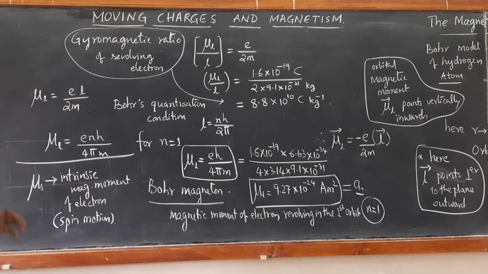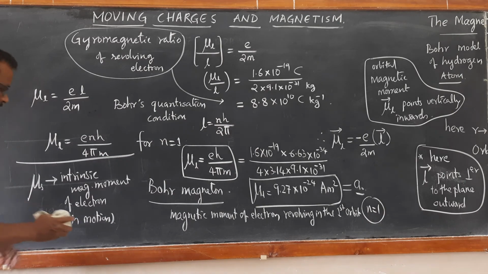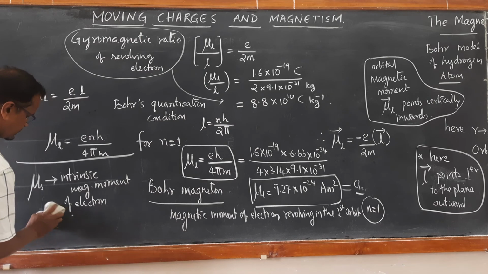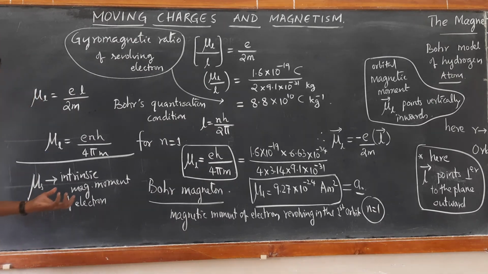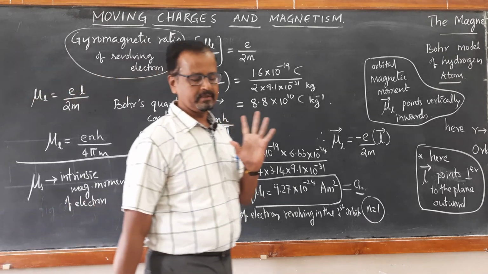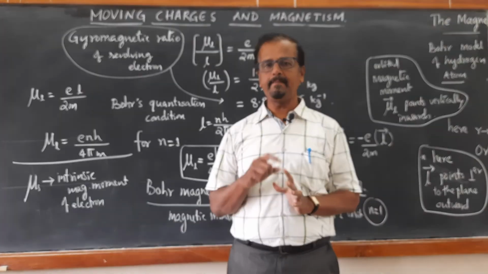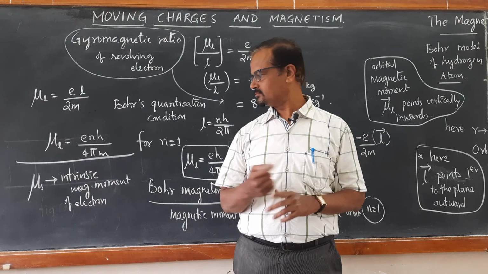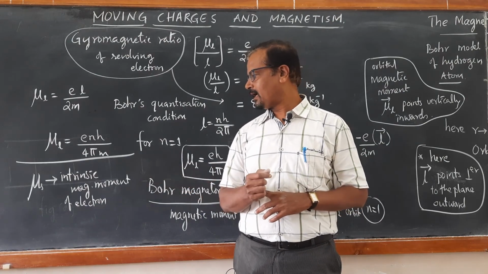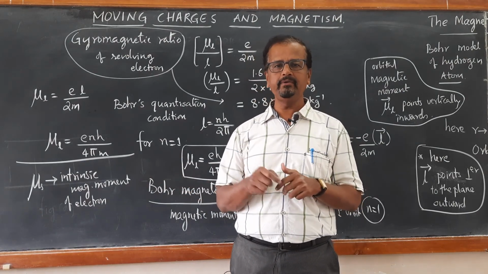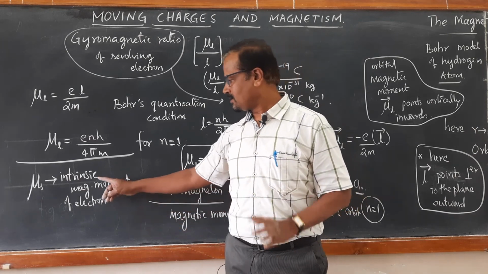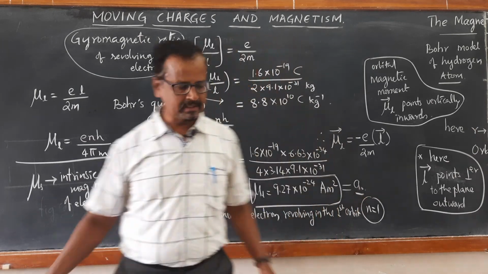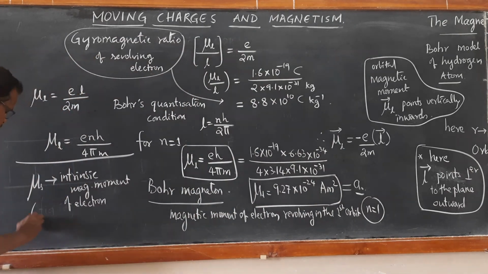Actually, the electron does not have a spin motion like that of a rotating top. It is spin up and spin down. I think you might have learned that spin up will have a positive spin moment, and spin down will have a negative magnetic moment. So, this intrinsic property of the electron is called the spin magnetic moment.